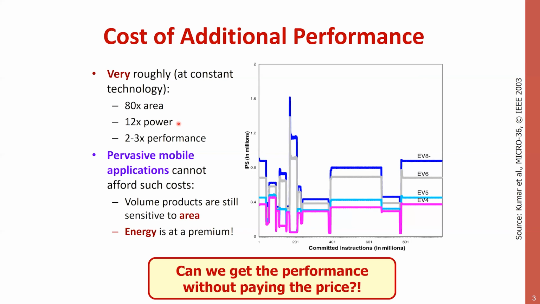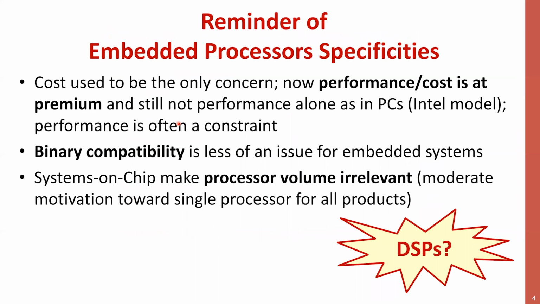So you want to get performance in some cases, because you need performance also in embedded situations. You need it in your cell phone. You need it in some embedded hardware here and there. But you cannot pay this high price. And so this means that what you do in systems on chip, in embedded situations, is very different from what happens in traditional general purpose computing.